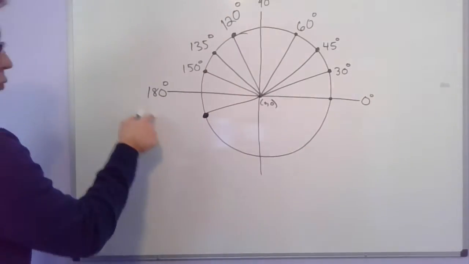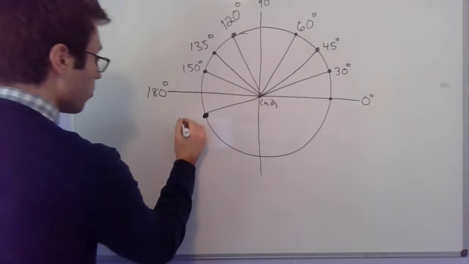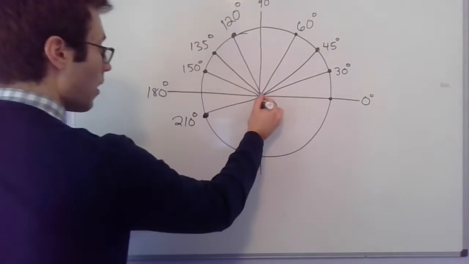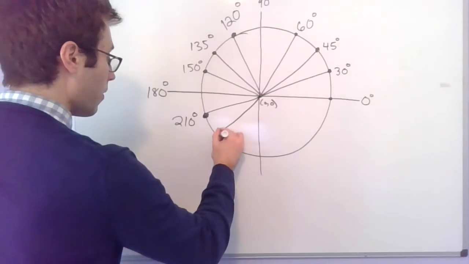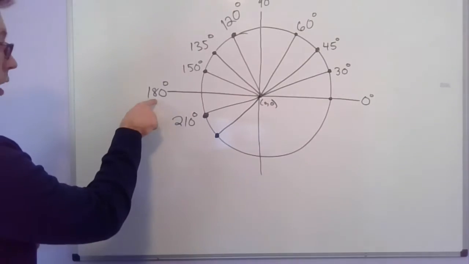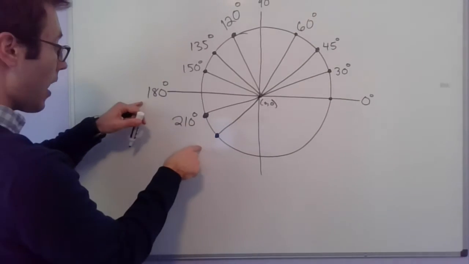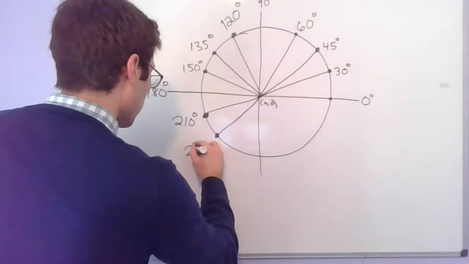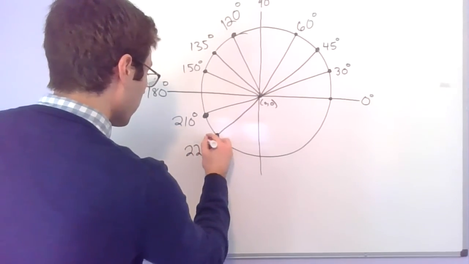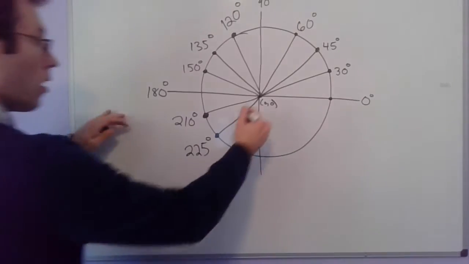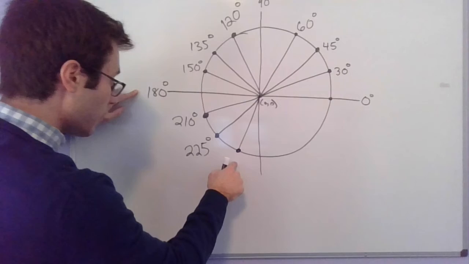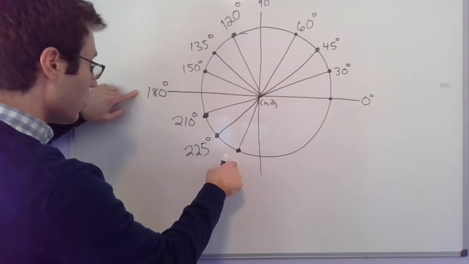This is 180. I went over another 30 degrees, so this would be 210. I'm going 180 plus 45 degrees would be 225 degrees right here. 180 plus 60 degrees would give me 240.